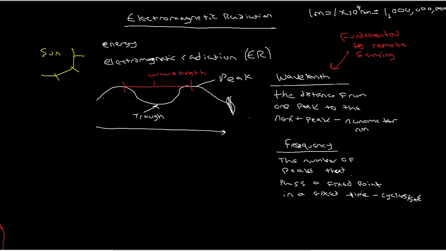Cycles per second. Sometimes you'll also see this referred to as a hertz. So we have wavelength, the distance from one peak to the next, and we have frequency, the number of peaks that pass by a fixed point in a given period of time. We have one more piece of information about electromagnetic radiation, and that is its speed.